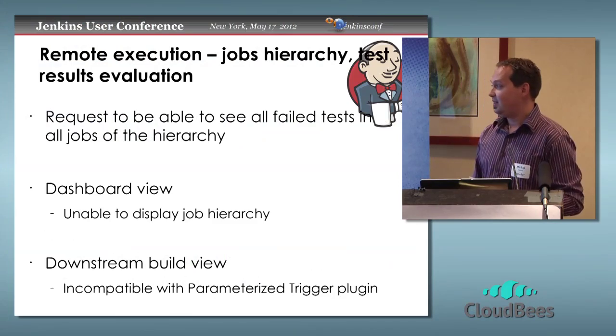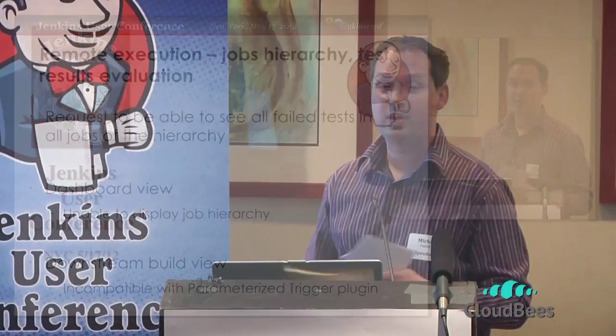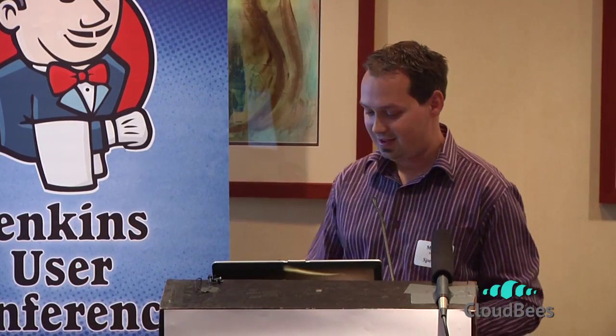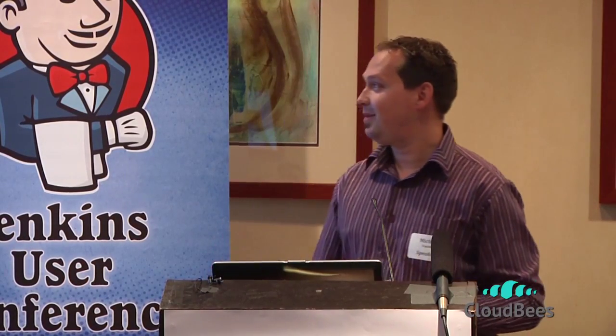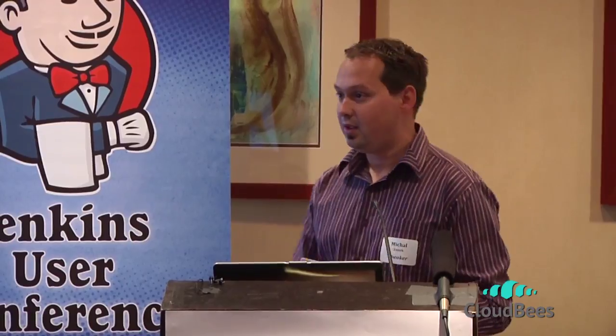Luckily, there are many other solutions. What can we do with the test results? And this is my favorite one, because we have shown the test results to the public in our hallway.